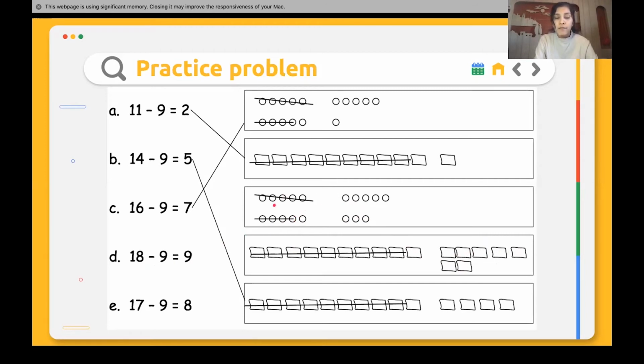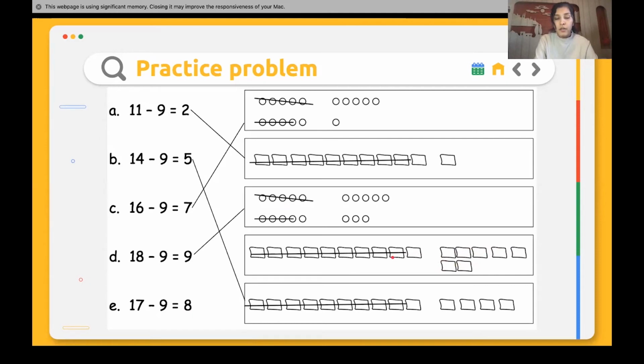This is its representation. This is what we're seeing right there. Now let's see. 17 minus 9 equals 8. Well, we remember counting 8 right here, right? So it's 5, 6, 7, 8.